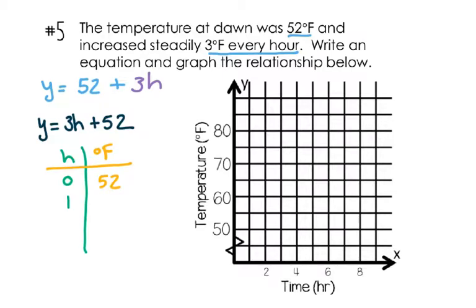So the next hour, I'm going to get 55. Hour 2, I'm going to get 58. Hour 3, I'm going to get 61, and this would continue. Okay, so that's how we would set that up. And we should recognize that this is a linear function based on the equation or based on our table, but let's also graph this. So I was starting at 52.